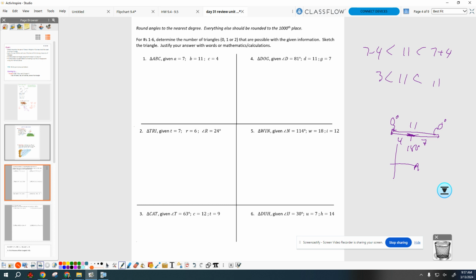And then you get another angle. That angle still works. So it could be 2 triangles. No, it's not. How do you find that?